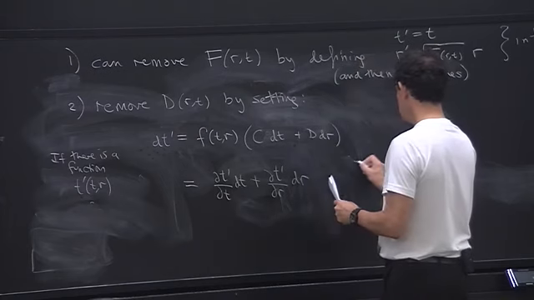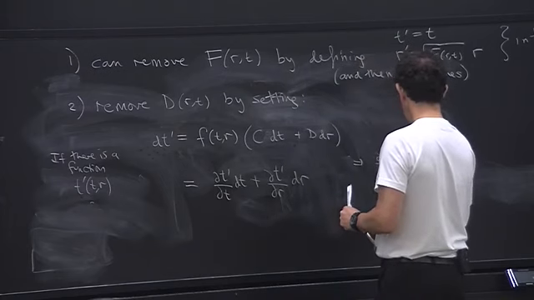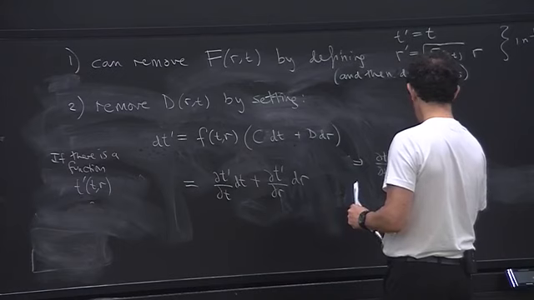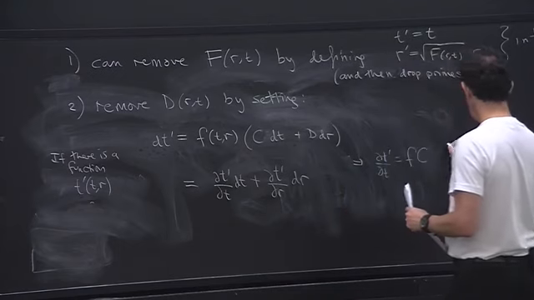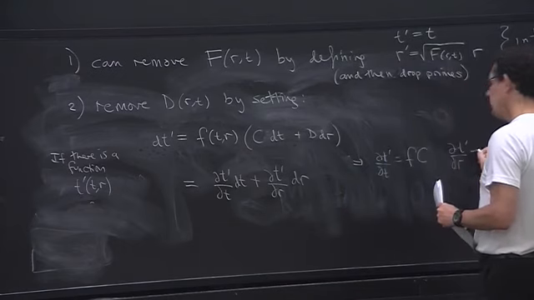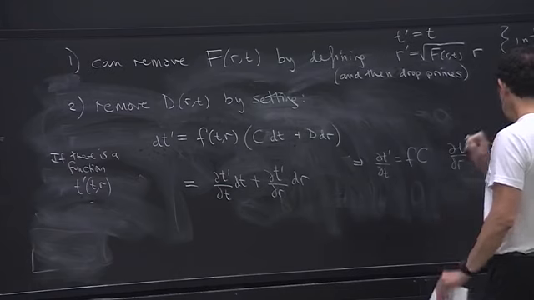So this means that dt prime/dt is f times c, dt prime/dr is equal to f times d.